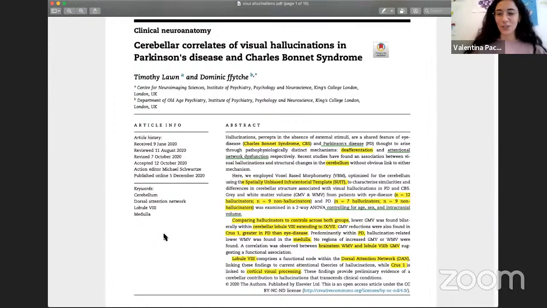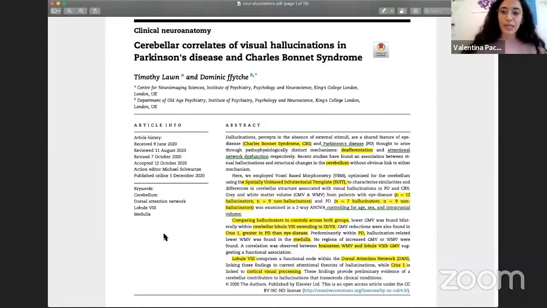So it's so interesting, and I have so many questions actually, but I limit myself to just 2. The paper shows the anatomical difference within the cerebellum between Parkinson's disease and Charles-Bonnet syndrome patients.